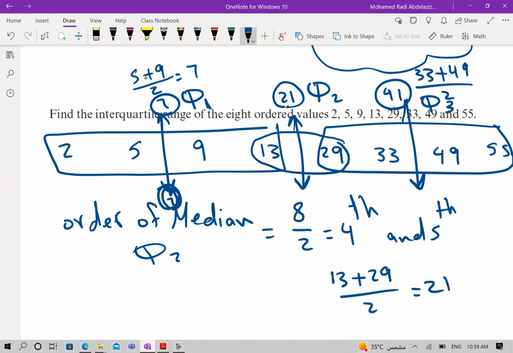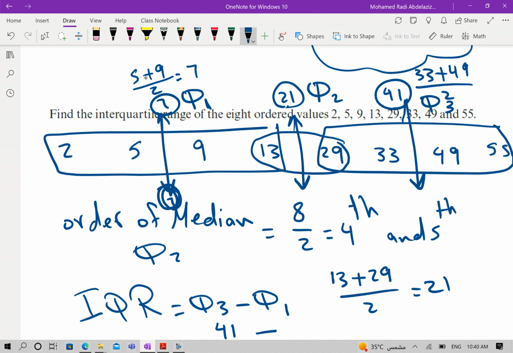The first set, 4 values, find the median. The second set, 4 values, find the median. Q1 lower, Q2 median, Q3 upper. The interquartile range is Q3 minus Q1. Q3 is 41, Q1 is 7, so the answer will be 34.